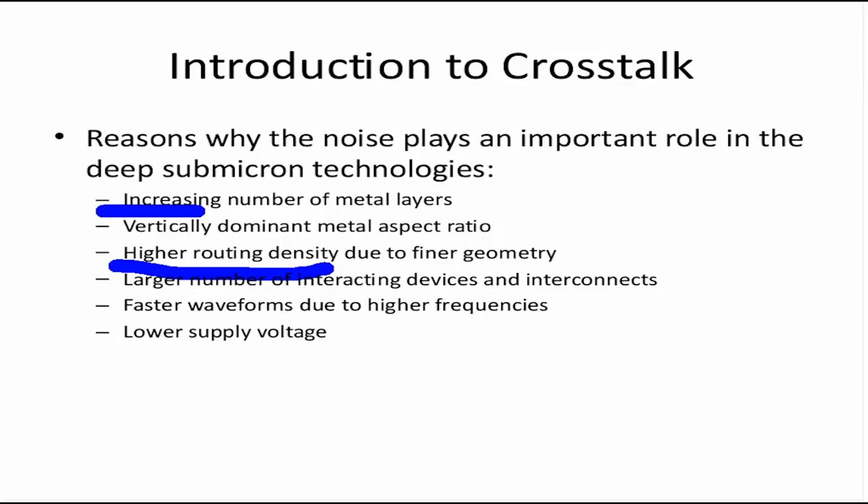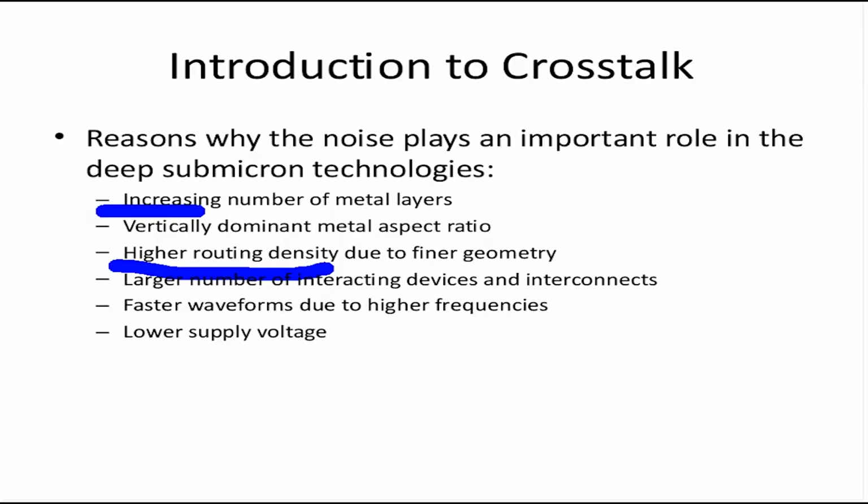We are increasing the number of devices and the number of functions on a particular chip, but the metal layers are not scaling according to Moore's law, right? Transistors do scale according to Moore's law, but metal layers do not scale that way. Because of the increasing number of devices and functions on a chip, the routing density is now huge as compared to, let's say, 2 or 3 technologies before.